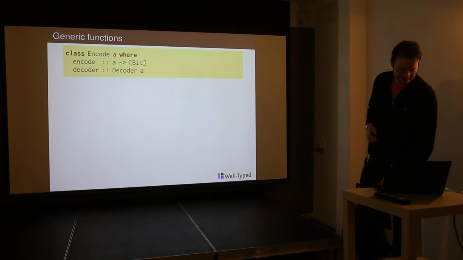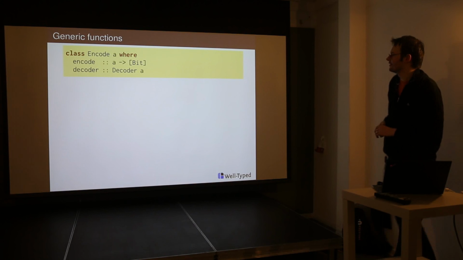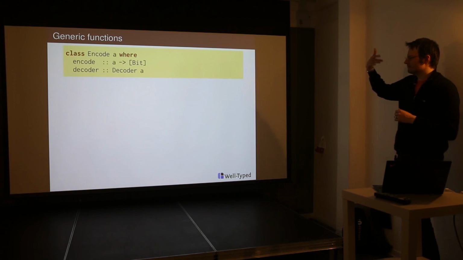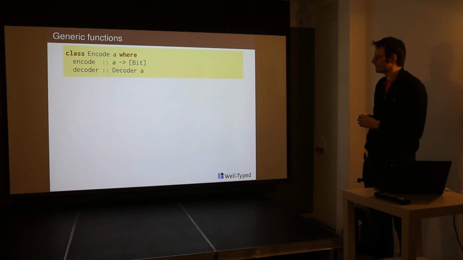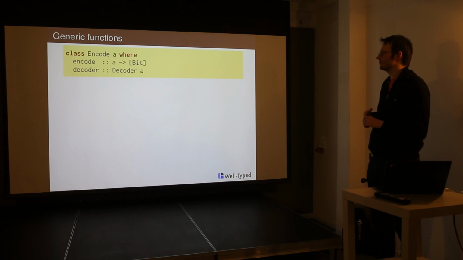I think I basically explained most of this. So now you can imagine that you can use this machinery to define generic functions like a generic encoder and a generic decoder. And this is just one example of how this could look.